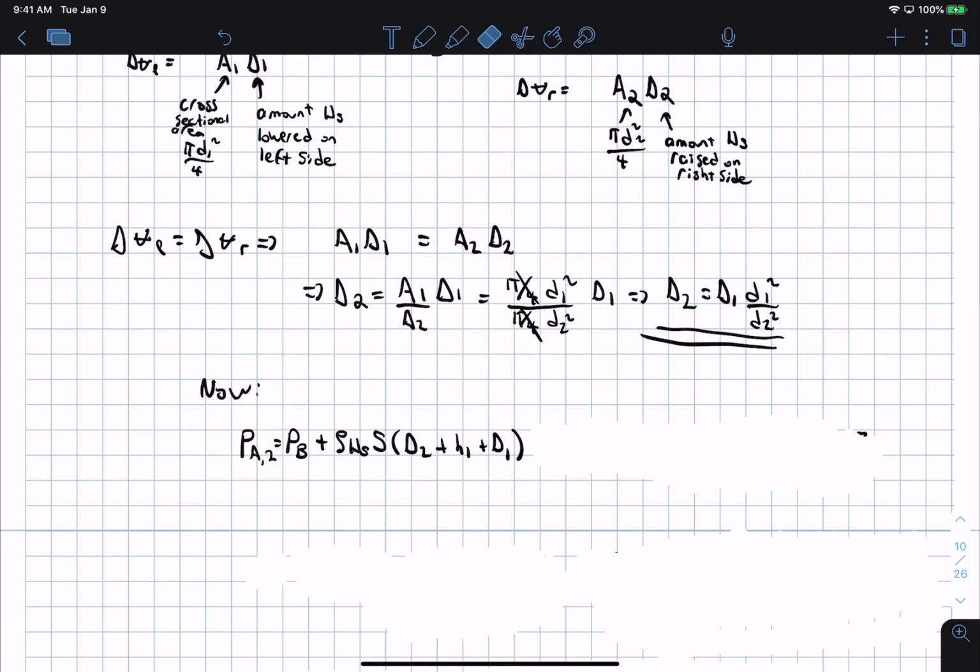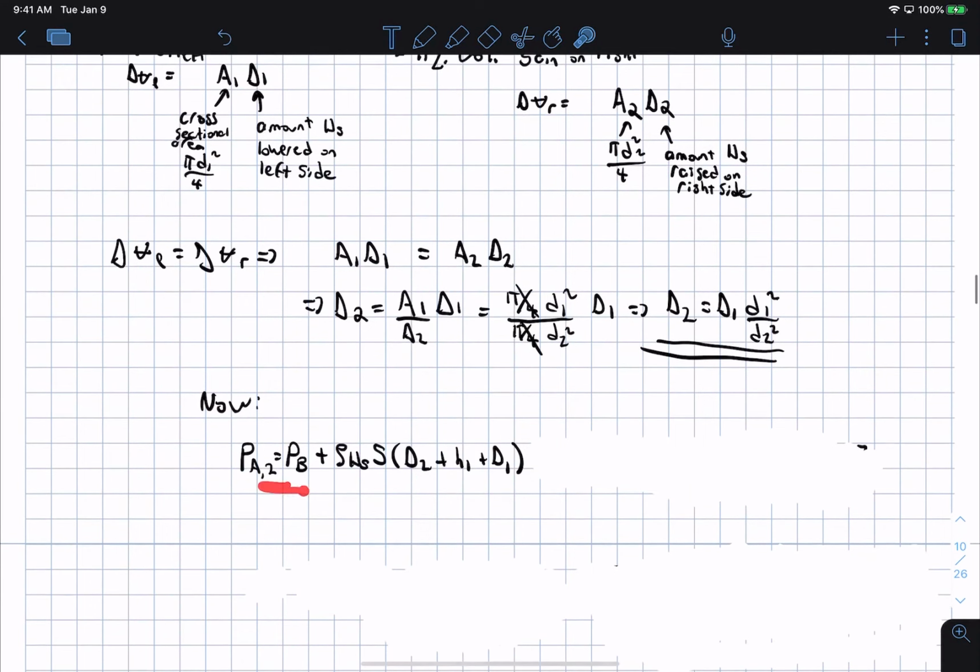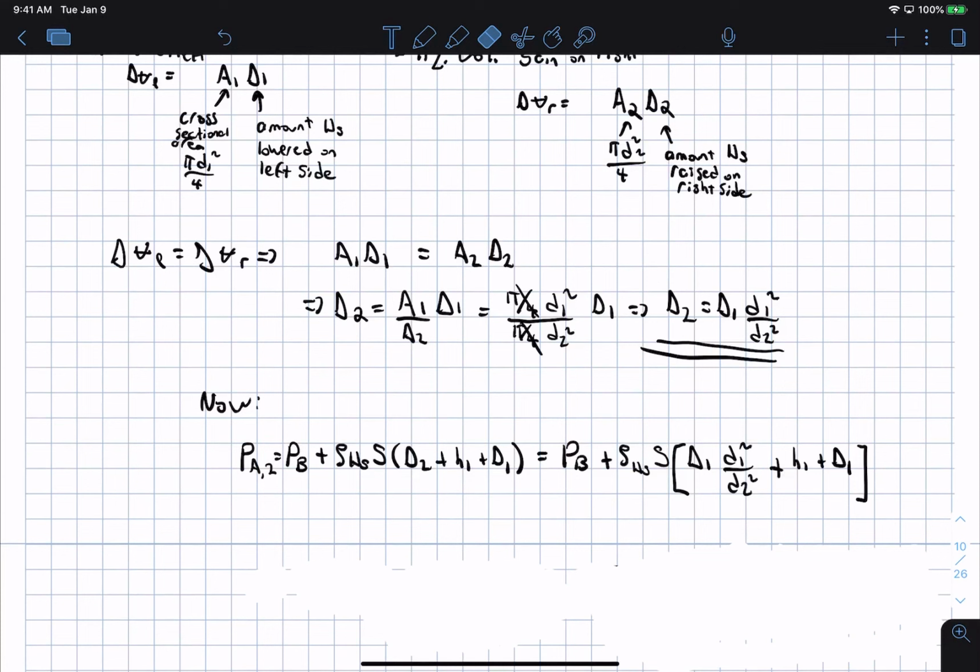So I know that PA2 is equal to PB plus rho hg times g times the total height difference at the higher pressure, which is delta 2 plus h1 plus delta 1. Okay, and I can substitute in our expression here for delta 2, which is delta 1 times d1 squared over d2 squared. So I have PB plus rho hg times g times delta 1 times d1 over d2, and that whole quantity squared, plus h1 times delta 1.